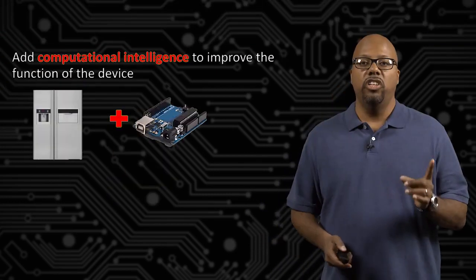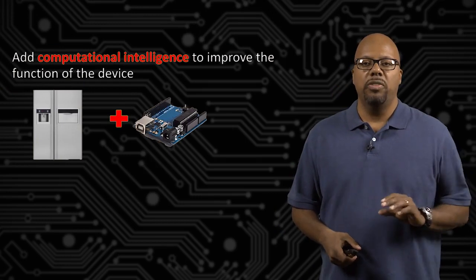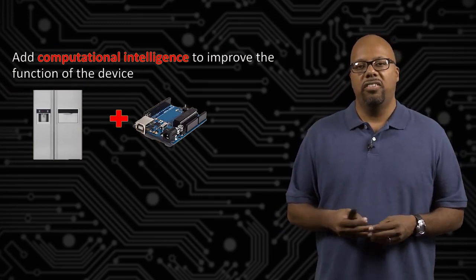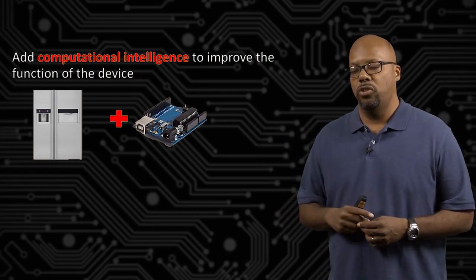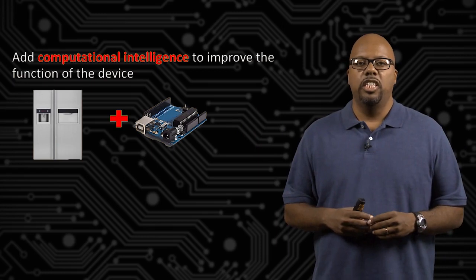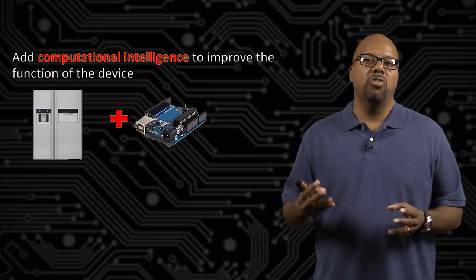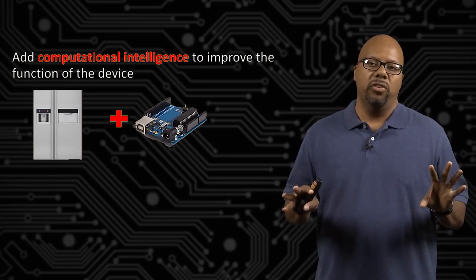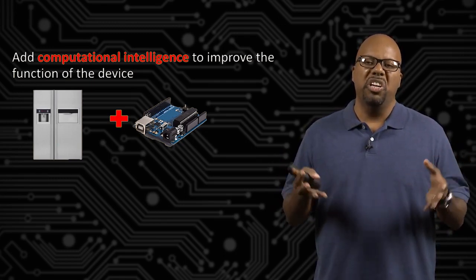Now, the next thing you do is you add to that some type of computational intelligence. Usually that involves a processor like what we're showing here. That's actually a picture of an Arduino, but it could be any type of computational intelligence. Typically it's a microcontroller of some kind running some kind of code. So you see these devices all around your house, but it's a computer inside, right?